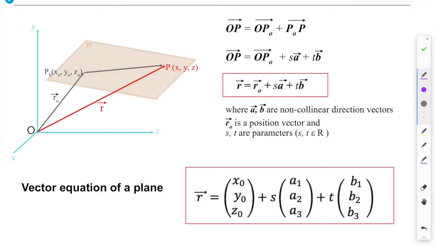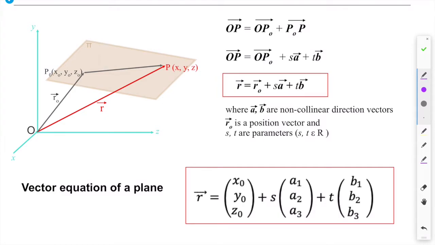So we have the plane pi here, a general point P (x, y, z) on the plane, and a specific point P naught with components x naught, y naught, z naught on this plane. We can write a vector equation relating the position vector OP by adding the position vector OP naught plus the vector P naught P, which lies on the plane.